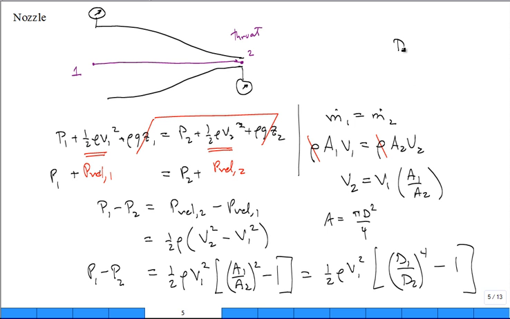Let's just say diameter 1 was 4 centimeters and diameter 2 is 1 centimeter. That would be 4 to 1, 4 to the 4th power. What number is that? 64. That's a lot bigger than 1. What's the difference between 64 and 63? You could almost throw out that minus 1.